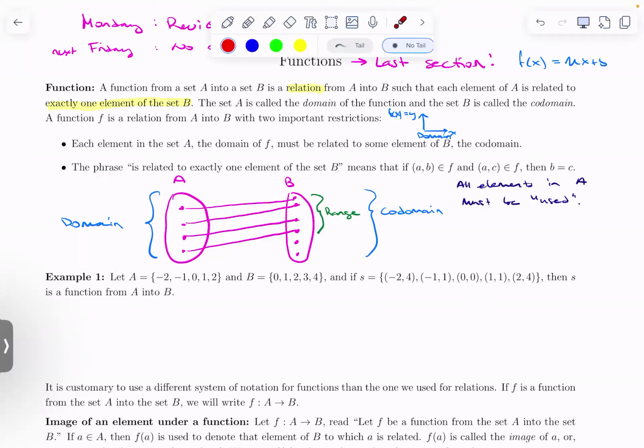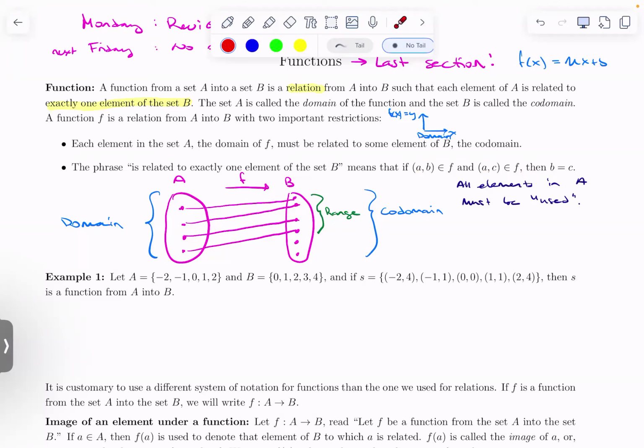What about this next one? A is related to exactly one element of the set B. Technically, what that means is if (a, b) is in F, so in the function F, and (a, c), so A maps to B and A maps to C under F, same notation as for relations, then B has to be equal to C. So you can't have A going to the first one and the second one.